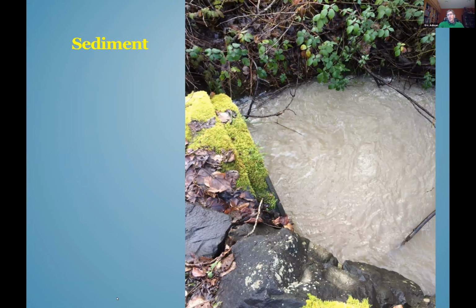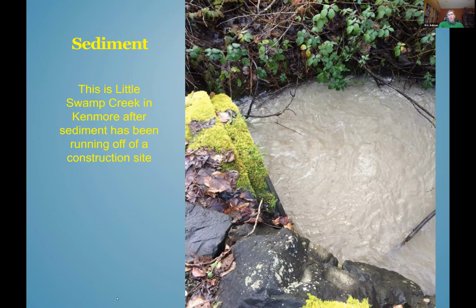So getting into the different types of water pollution, one is sediment. Sediment is essentially particles of dirt that are suspended in the water. Most of our creeks and rivers locally typically have pretty low sediment, especially if you were to go up into the mountains or into a natural area and look into a creek or a river, you'd find it was almost crystal clear.